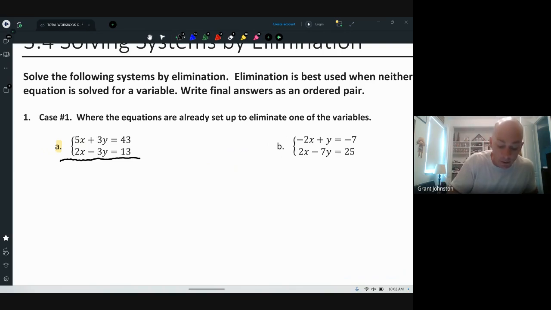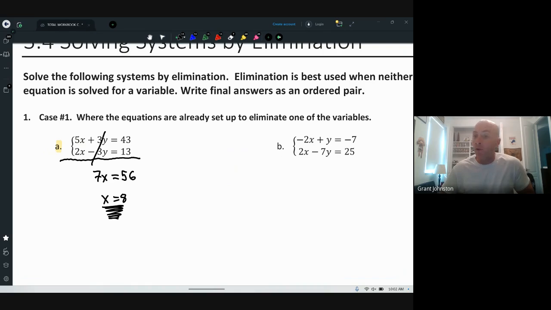On this side, 5x plus 2x would be 7x. And 43 plus 13 is 56. So that's the whole point. We can eliminate one of the variables so that we have a single variable equation that we can solve for. So divide by 7. x is 8.